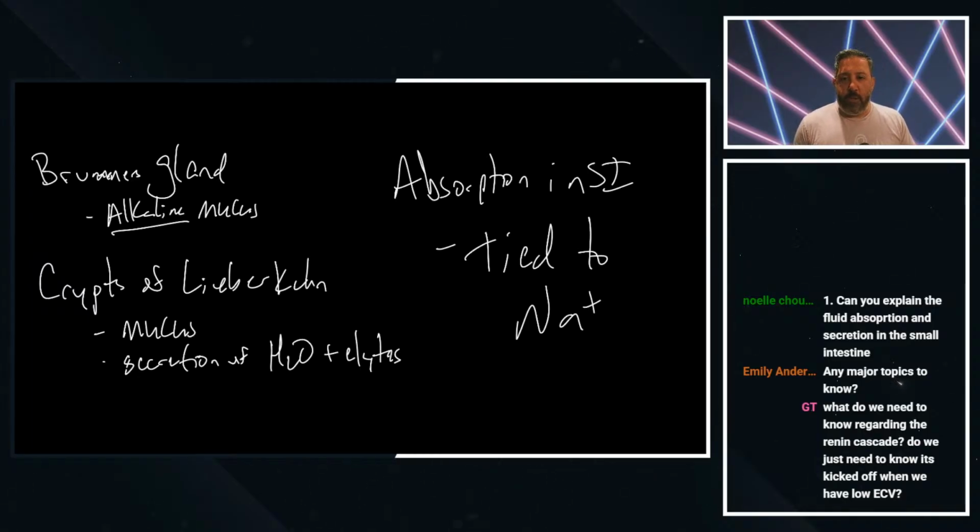With regards to the GI system, like I said in class, as you're reviewing this, just go through each phase of where the food is. It starts in the mouth, or even before the mouth, the smell, getting the GI centers activated. Know what enzymes are released in the mouth to help with starting the digestion.